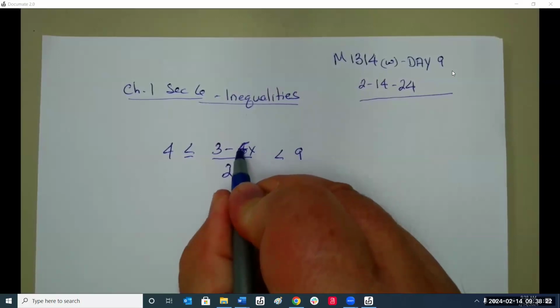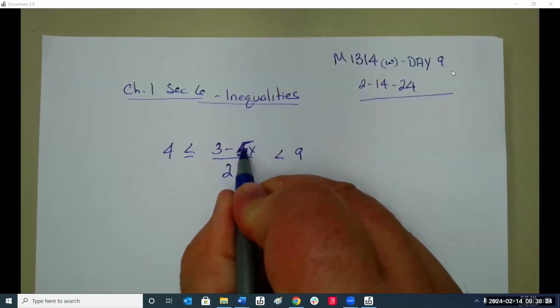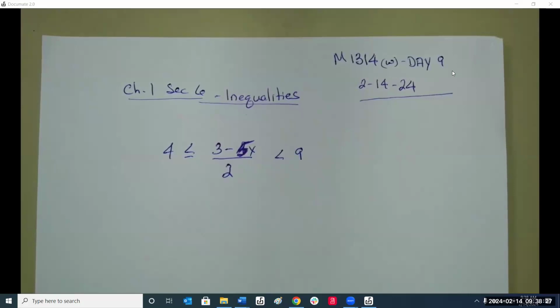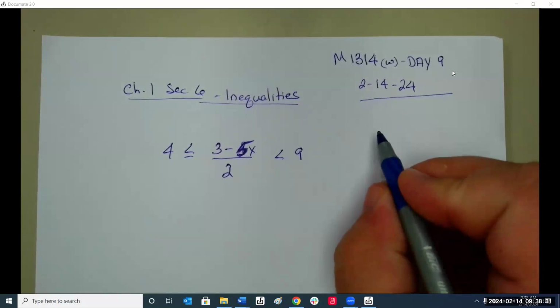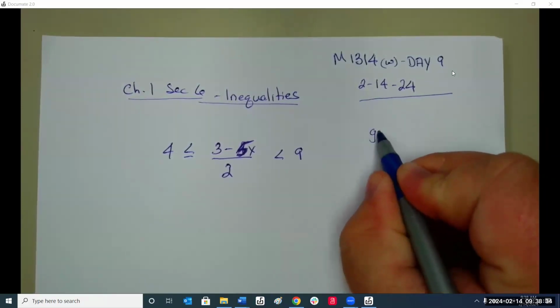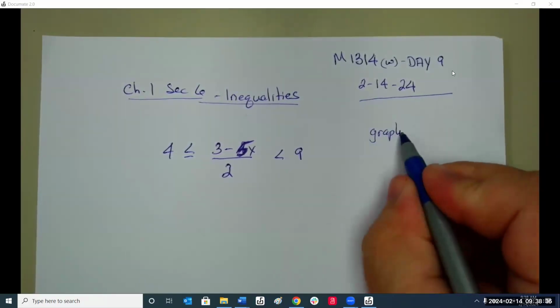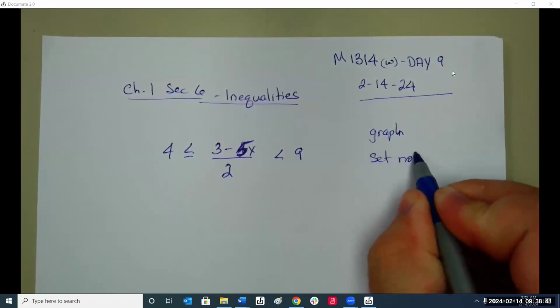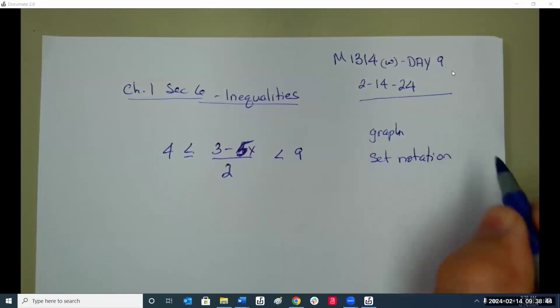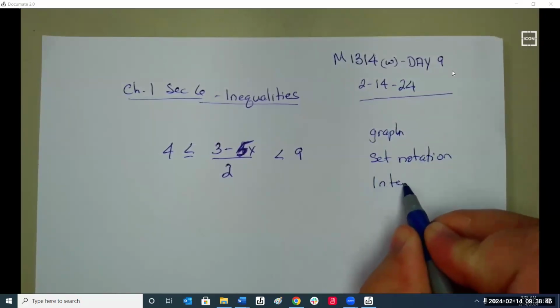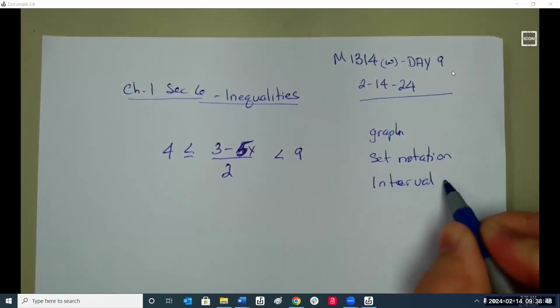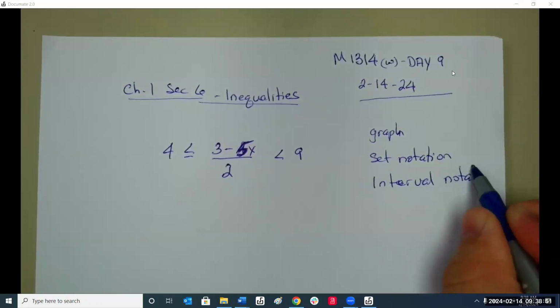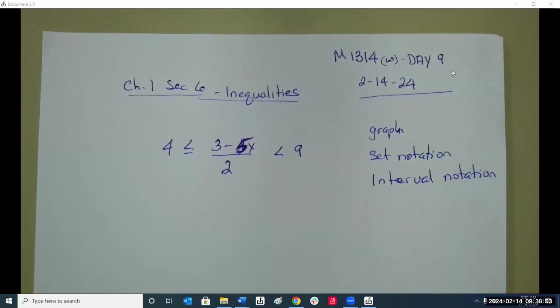Let's make that 5x. So go ahead and solve it. I want the answers. I want the graph of the answers. And I want all three of those simplified.